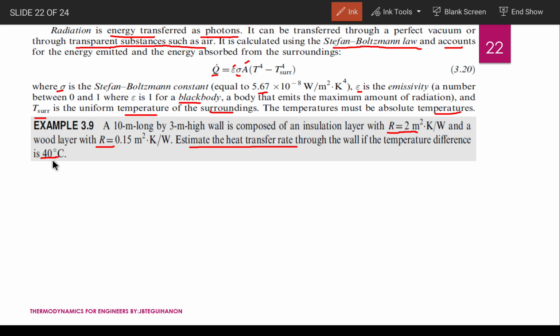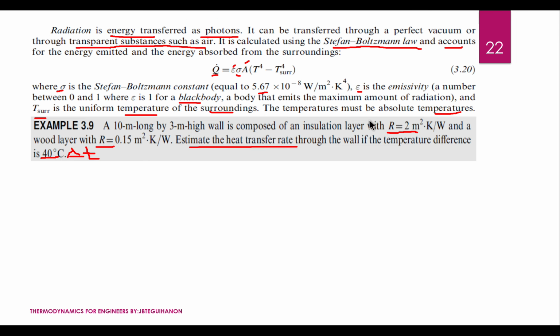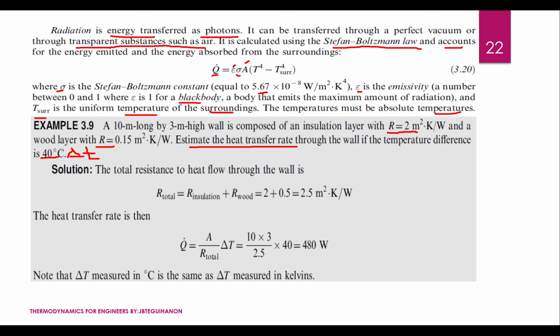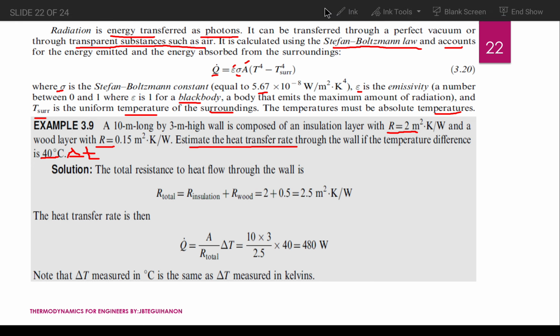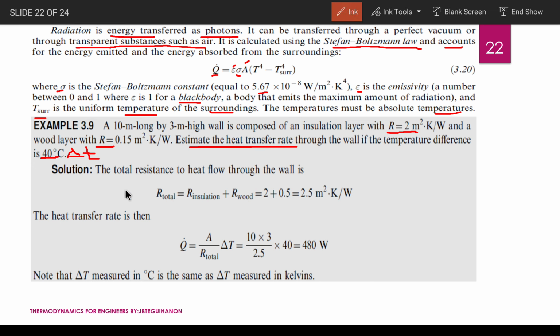Delta T na yan. Okay, delta T. Ibig sabihin, delta T. Okay? Itong 40. So, what to do? Ito yung solution. Solution, the total resistance to heat flow through the wall is ito. R total is equal to R insulation plus R ng wood.